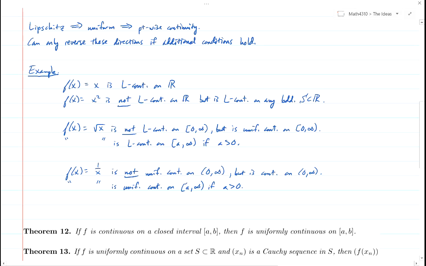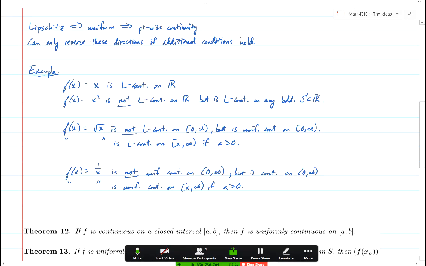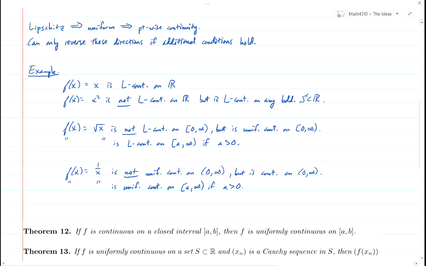If S was 0 to a million, that's a bounded set, I would take the Lipschitz constant to be 2 million, because 2x, the derivative of x squared, is largest in magnitude at a million on the set 0 to a million.